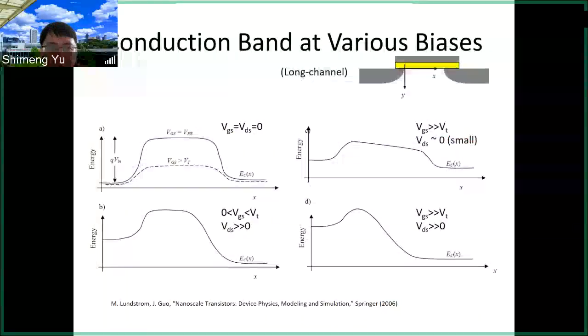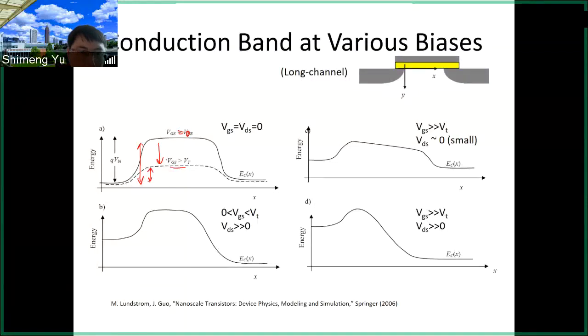And let's look at the conduction band at various biases for this long channel device. So this is what we discussed before. If we don't apply the drain voltage, source and drain will be at the same potential. And then when the gate voltage is 0, we have a large barrier. But when we apply the gate voltage here, then we push down the band, and the barrier height is reduced.